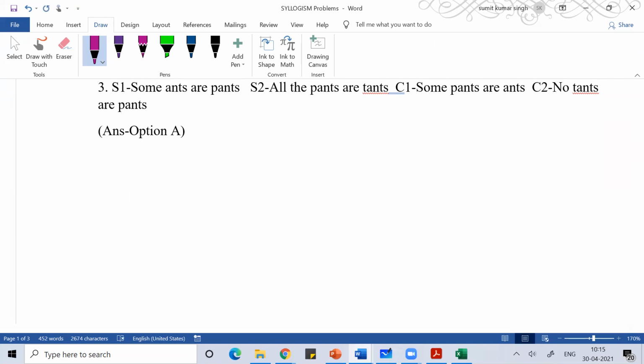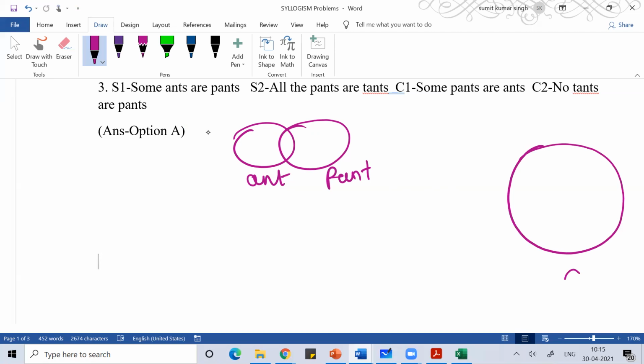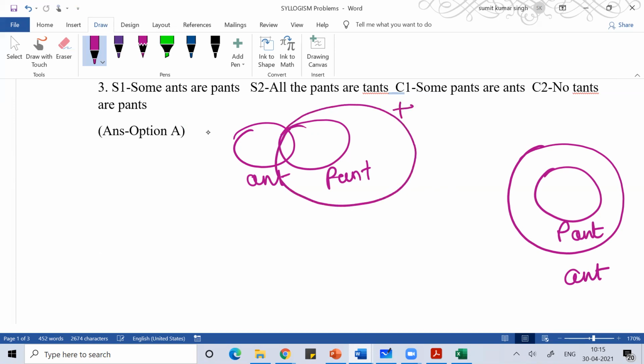See this: some ant are pants. Some ant are pants. Okay, all pants are tent.